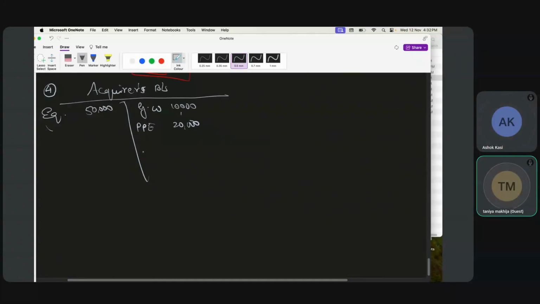$20,000. Then investment in associate is 10,000. And like the profit in it. So investment in associate is 10,000, no? Oh, that was 30 percentage, right? Okay.